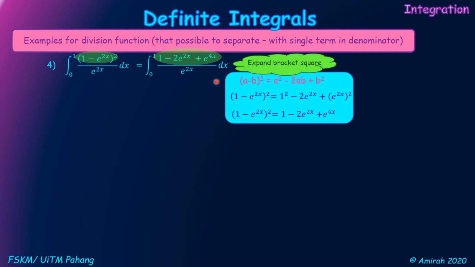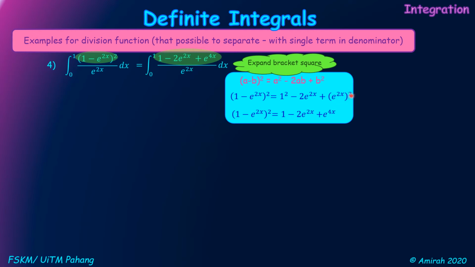Now, our a equals 1 and b equals e to the power of 2x. So when we expand, we have 1 squared, which equals 1. And then minus 2ab, 2 times 1 times e to the power of 2x, so we get 2e to the power of 2x. And then b squared, so b means e to the power of 2x.